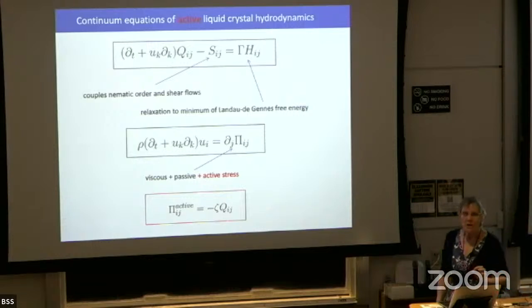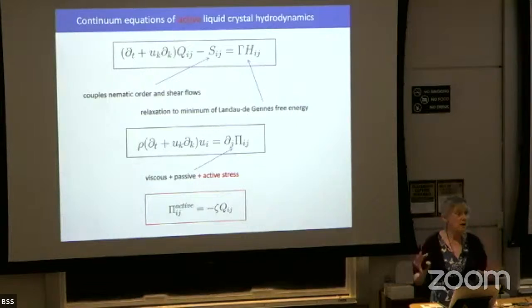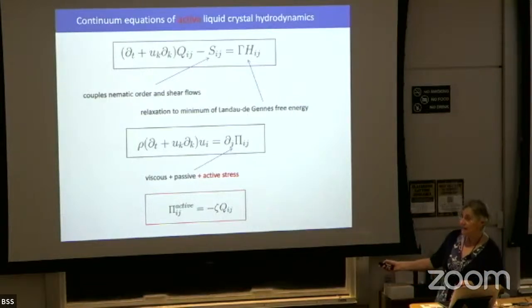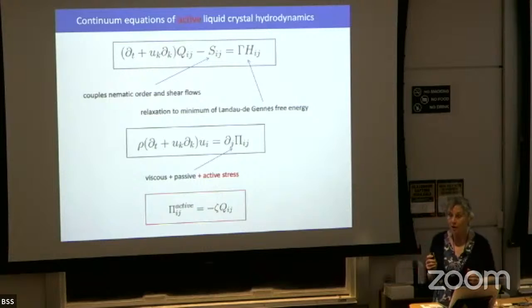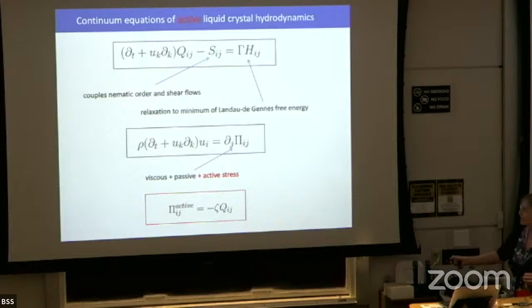It's not too hard to have a hand-waving version of how to get this, starting from a load of nematogens and adding up the far flow field from each of them. That is the problem that I've put on my problem set if anyone wants to do it. It's also done in a paper by Simha and Ramaswamy, a very famous paper, about 20 years old now, which derives this starting from a more microscopic state.